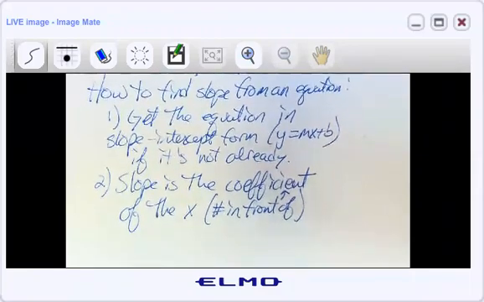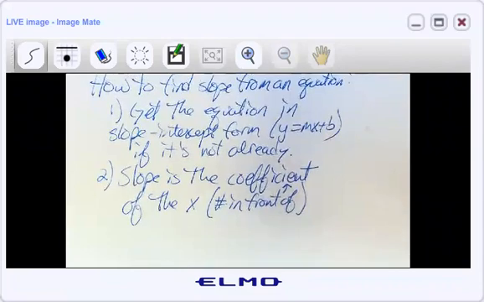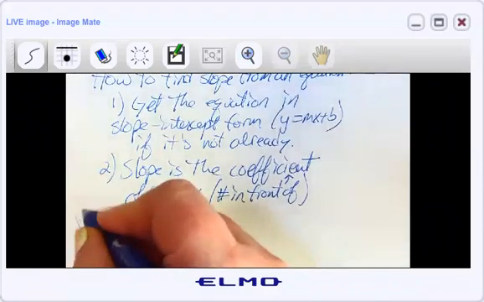The only other time that there's sort of a little weird thing happening is if it is one of the horizontal or vertical lines. So I'm just going to add this.